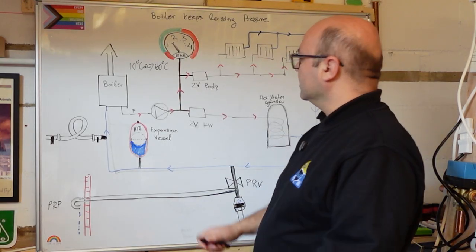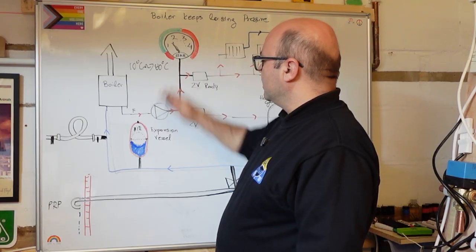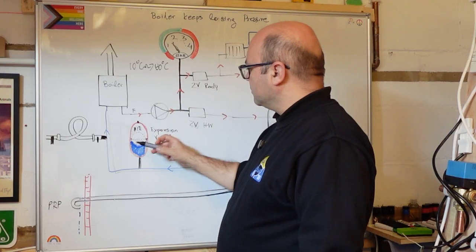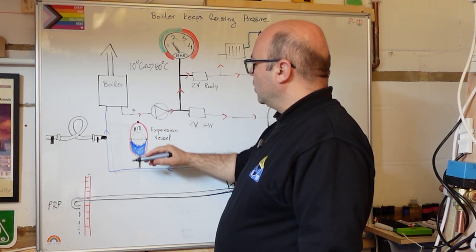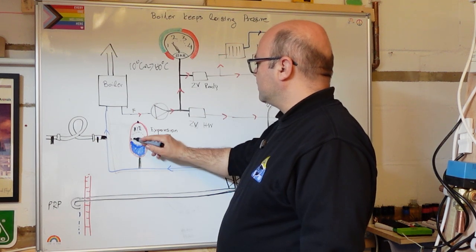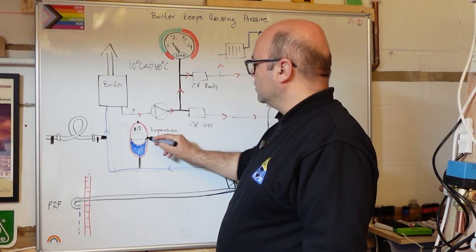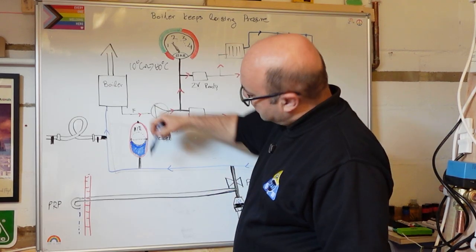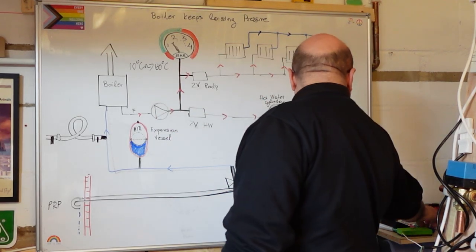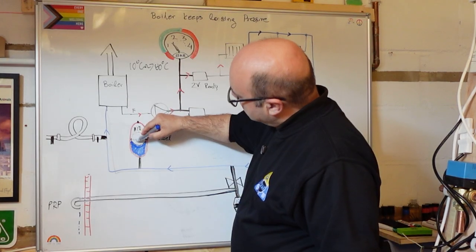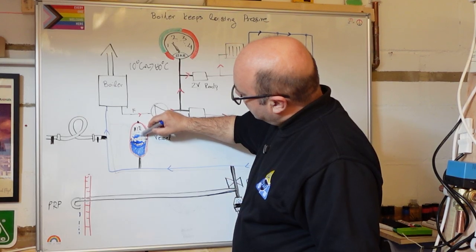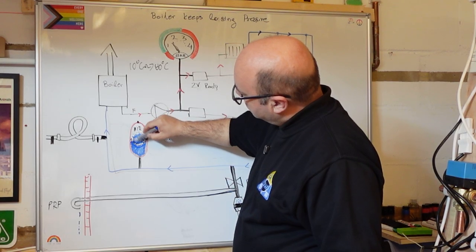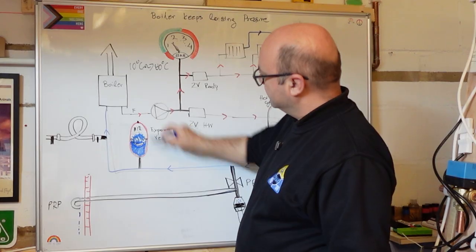Why does this happen? In ideal conditions, when the boiler is brand new or the expansion vessel is brand new, the diaphragm, which is the rubber diaphragm here, when it is at 10 degrees is roughly about in this condition. As the water gets hot, slowly the water pushes gradually the diaphragm up to here, and then we have this curve here.